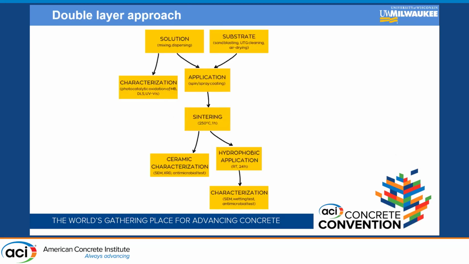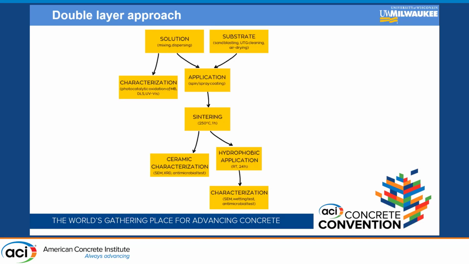Now this is a small slide about the double layer approach, our newest composition, where we would like to add an additional layer with hierarchical structure made of inorganic ceramic, that will impose the proper texture for obtaining super hydrophobic angles. This is a small block diagram that shows the pathway of the experiments.